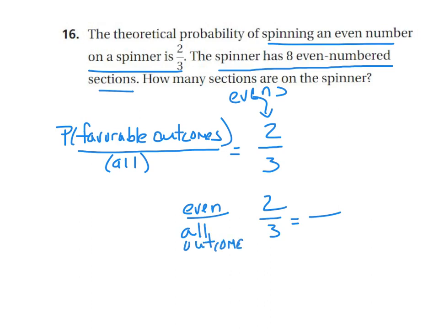So if my evens are on top and the spinner has 8 even-numbered sections, where does the 8 go? The 8 goes on the top. And now you can just solve the proportion. 2 times what gives you 8? 4. Whatever you do to the top, you do to the bottom, so 3 times 4 is equal to 12. So the answer is there are 12 sections on the spinner.